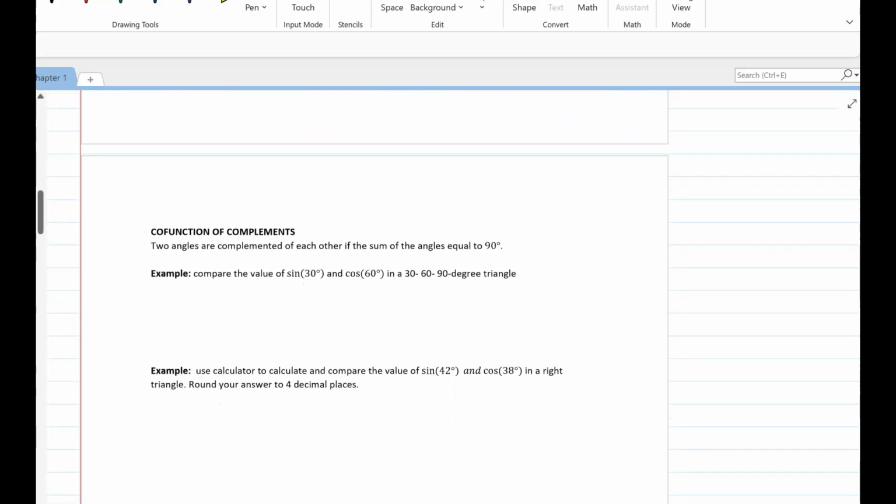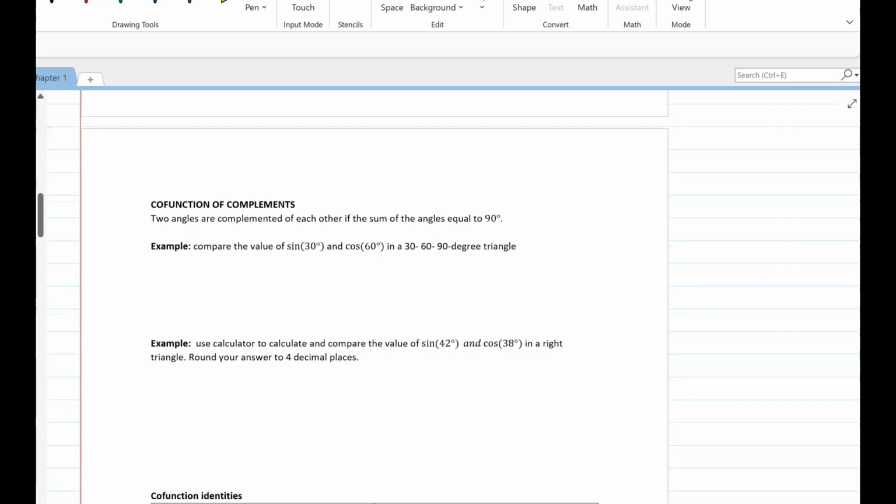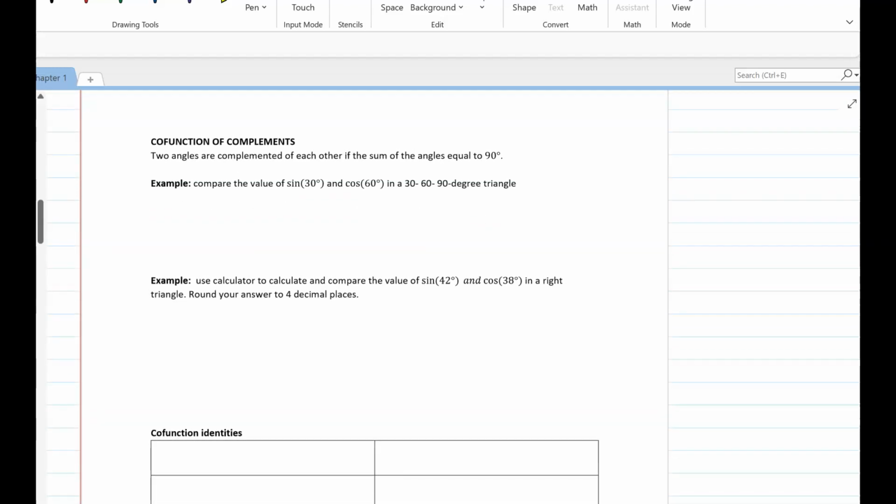Let's talk about the cofunction of complements. Two angles are complements of each other if the sum of the angles equals 90 degrees. Let's find the value of sine of 30 degrees and cosine of 60 degrees in a 30, 60, 90 degree triangle.